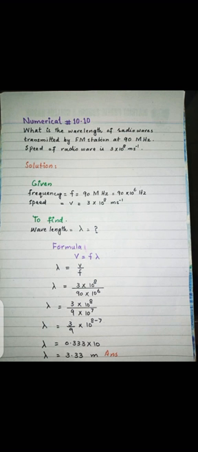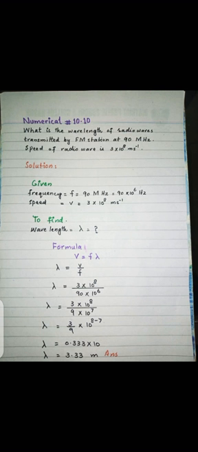90 can be written as 9 multiplied by 10, so we get lambda equals 3 multiplied by 10 raised to power 8 over 9 multiplied by 10 raised to power 7. It can be written as lambda equals 3 over 9 multiplied by 10 raised to power 8 minus 7.